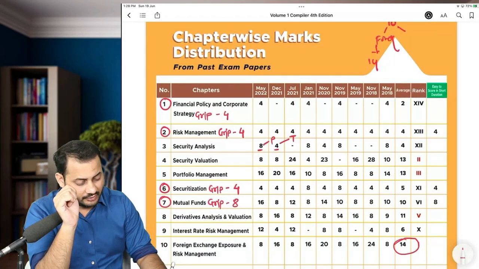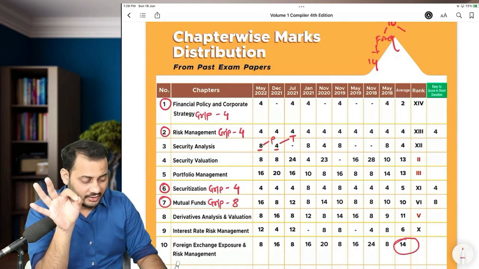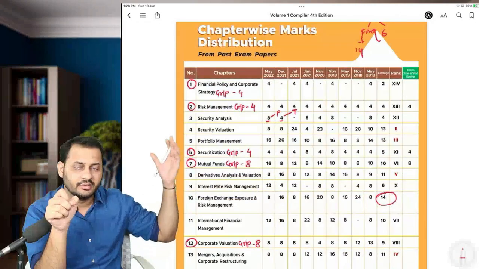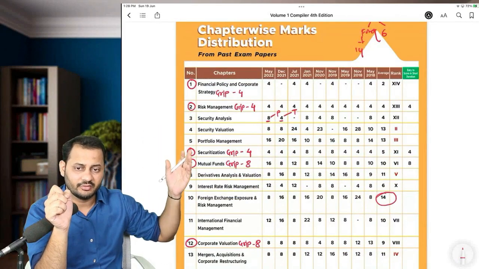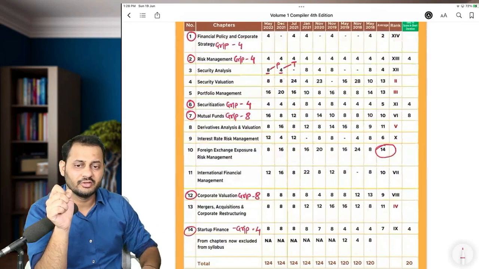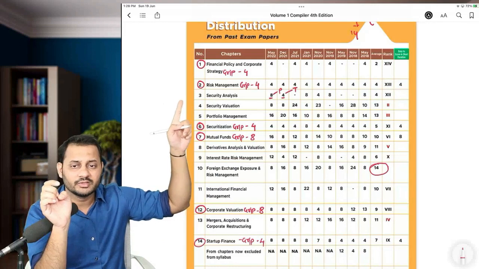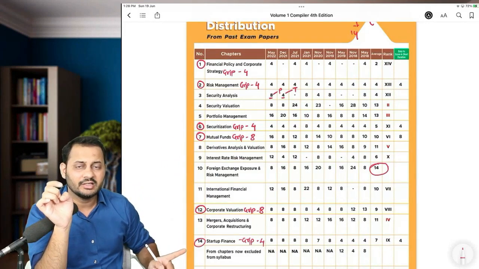You will take a similar amount of time, only 10 hours, to complete these 6 chapters that I have noted here: financial policy, risk management, securitization, mutual fund, corporate valuation, and startup finance. And in total, you will score 4 plus 4, 8, and 4, 12, and 8, 20, 28, and 32.